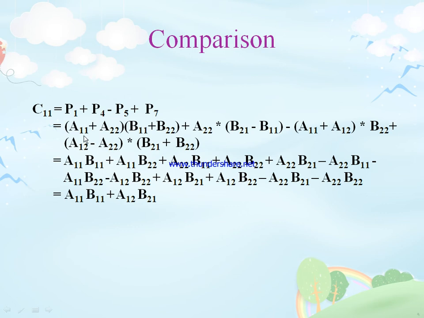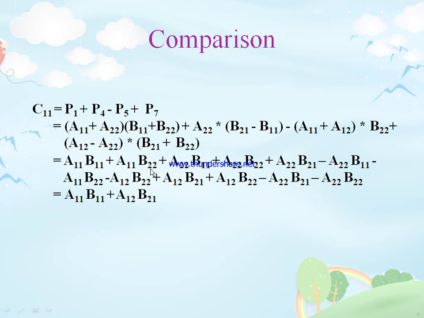Multiplying these, we can get A11 B11, A11 B22, A22 B11, A22 B22. So when we are expanding this, we can cross out all the terms which have one addition and one subtraction.